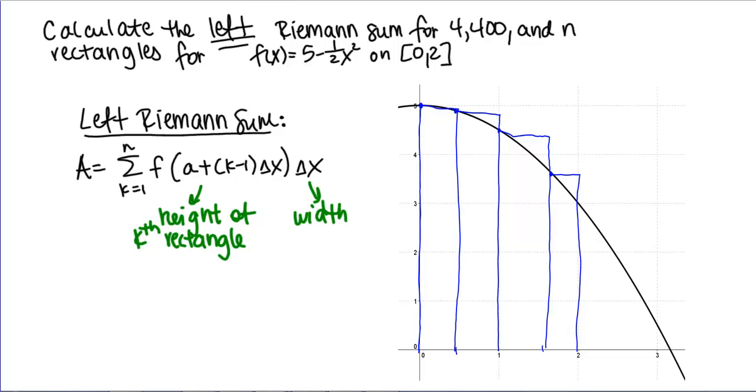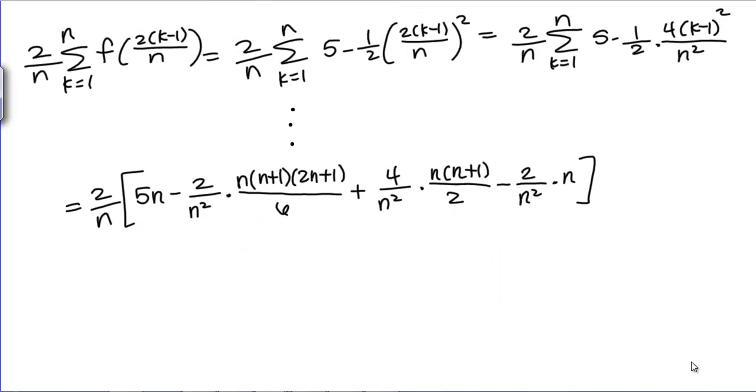On a previous video with Heather, we also used this same function and calculated it with left Riemann sums for n rectangles. When we evaluated this, we ended up with this equation right here. So from here, let's go ahead and take the limit of this equation as n goes to infinity, and we're going to need to distribute this 2 over n to every term.